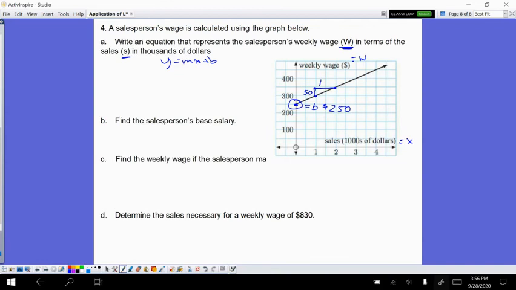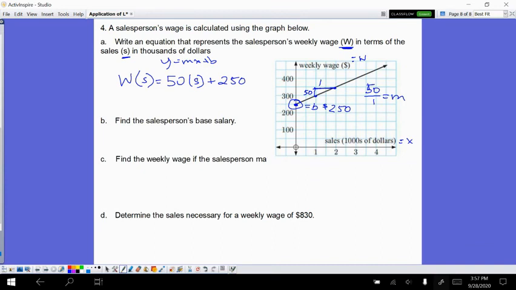So our slope is $50 in wages for every $1,000 that we sell. And we're using thousands of dollars as our unit, so we're just going to leave that as 1. So the wages, based on our sales, are $50 times our sales, that's our slope that we just found, over 1, plus our y-intercept, which is 250.